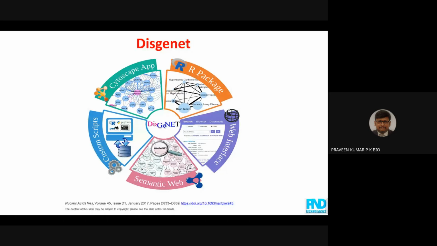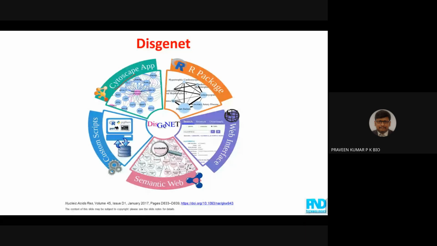Here also, in the gene network, the networks can be visualized using the Cytoscape app, and R programming can also be used to understand various outputs, including generation of networks.